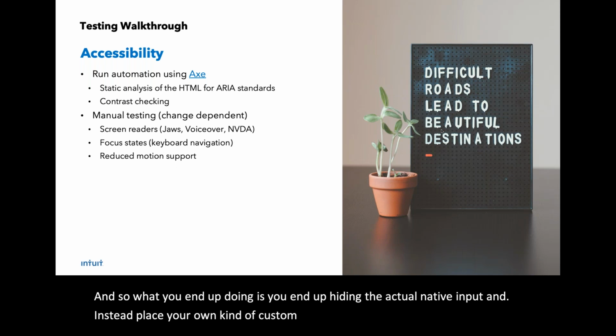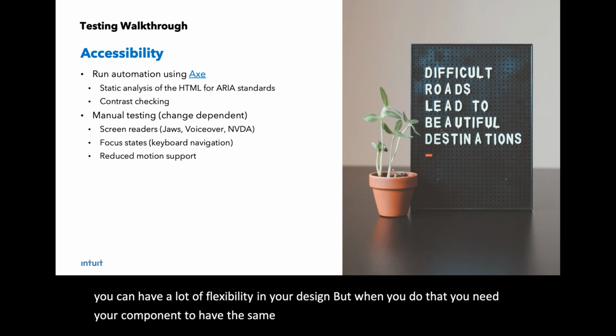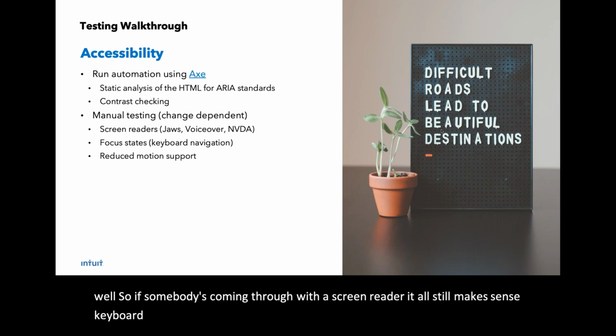And that's great because you can have a lot of flexibility in your design. But when you do that, you need your component to have the same interactions that the native element has as well. So if somebody's coming through with a screen reader, it all still makes sense. Keyboard interaction still makes sense.